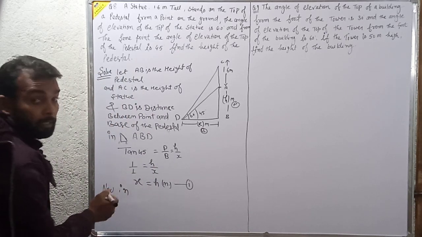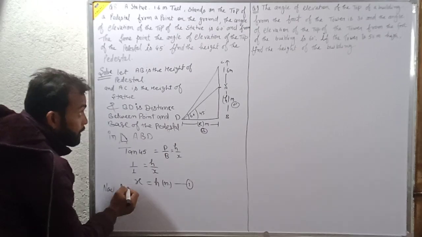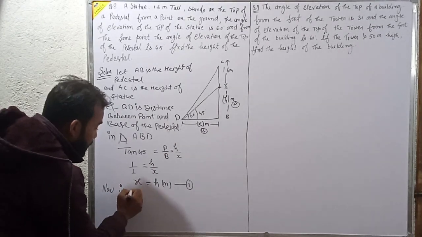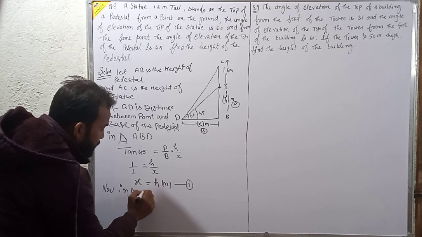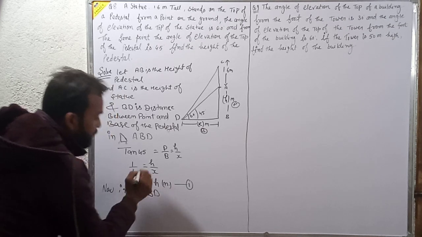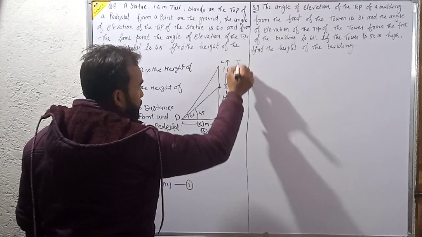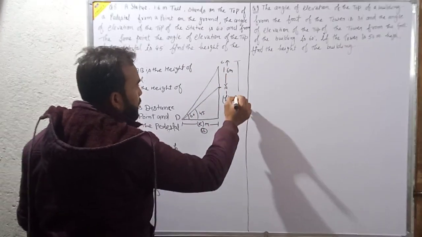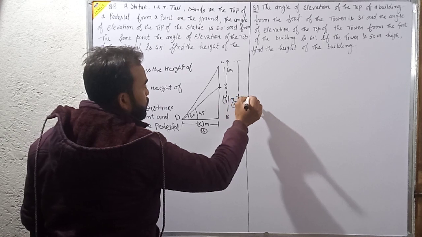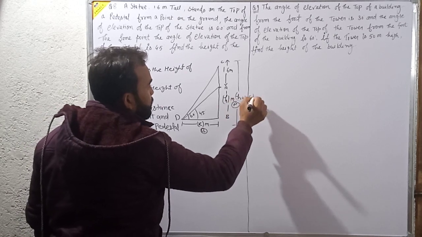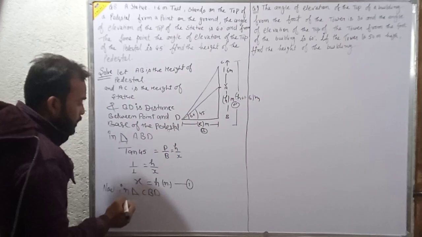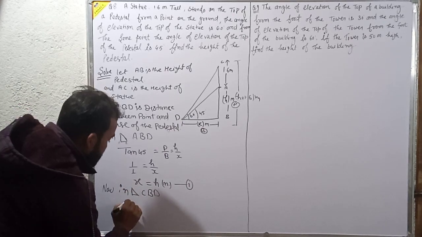Now in triangle CBD, in right angle triangle CBD, we have to find the relationship between this H plus 1.6 meter and X. So it will be tan 60 degree.